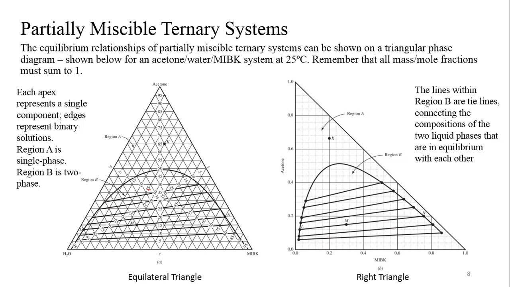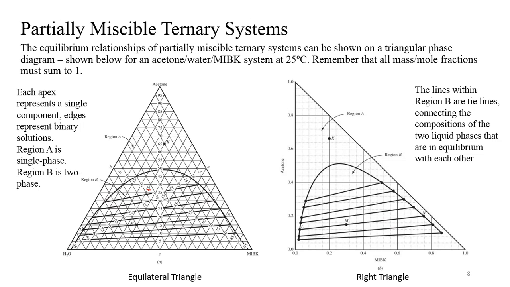So looking across this way, across down along through here, we're essentially reading off water composition and amounts, right? Same way here for the MIBK, same way going down vertically for the acetone. Right?